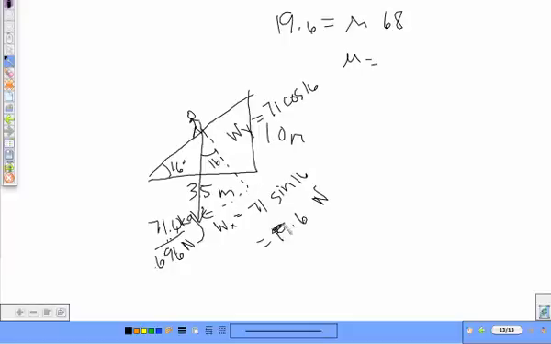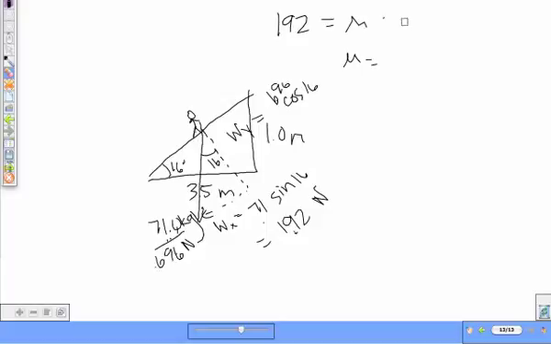Since you're multiplying everything, you could just multiply that 19.6 times 9.8. And you got 192. Yeah. So then that changes this to 192, and that changes this. That would change this value, whatever that is.